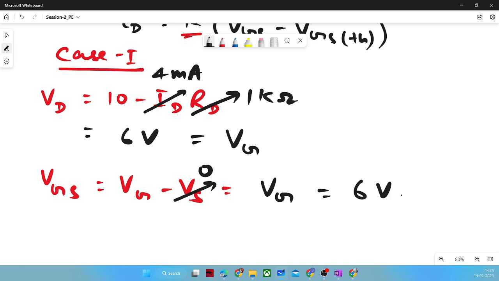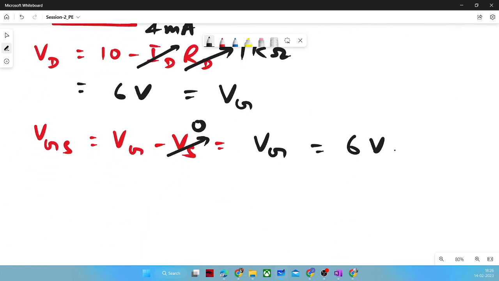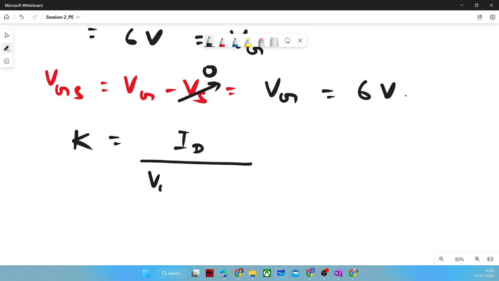So in the first expression, ID was given, VGS TH was given, VGS we did not know, so that's why we computed VGS, and now we can easily know the value of K from this expression. So K will be ID divided by (VGS minus VGS TH) square.